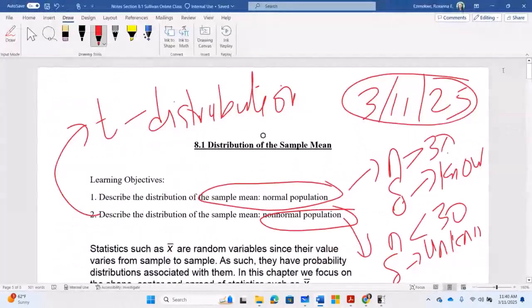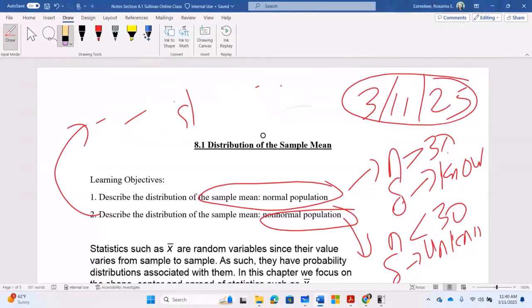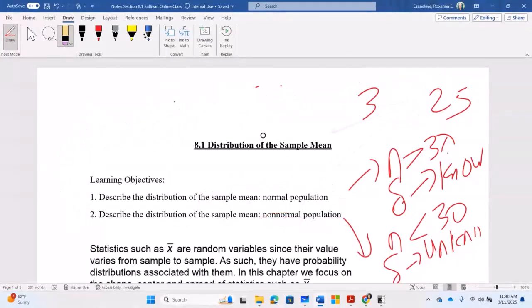I got it here. All right, so remember, test number 3 contains 6.1, 6.2, 7.1, 7.2, and 8.1. 8.1 is called the central limit theorem, even though a book may not call it that.